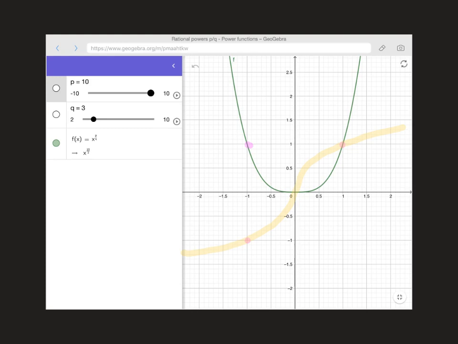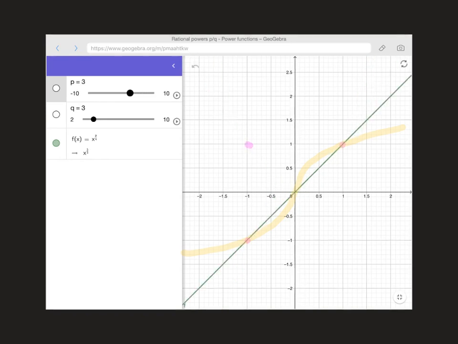So this is 10/3, 9/3, 7/3, 6/3, 5/3, 4/3, 3/3, 2/3, and 1/3.